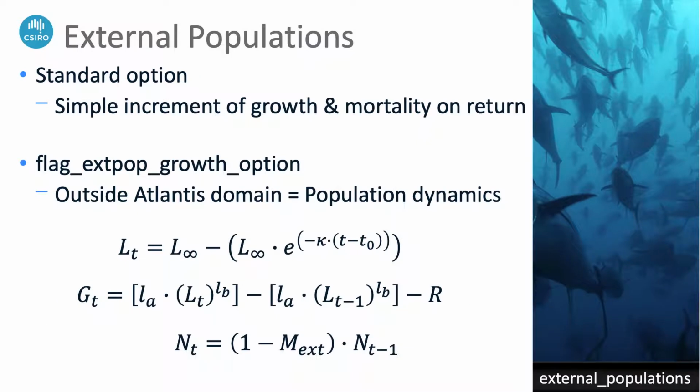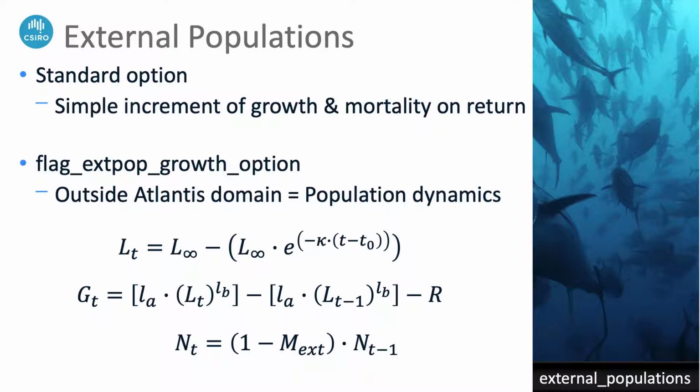Once the animal's outside the model area, you can choose to have just a standard or simple option for when it returns, where you do all of its incremental growth and mortality as a single step on return, or you can, by using both the external populations option and the flag external pop growth option, set it so it does a full-on population dynamics model on a daily basis while it's outside the model.